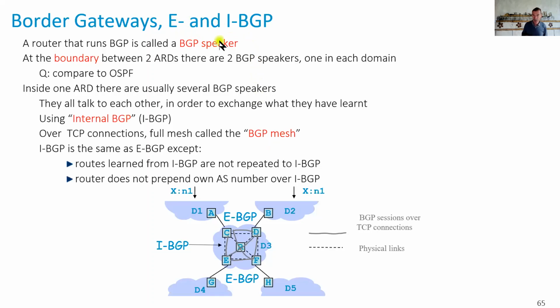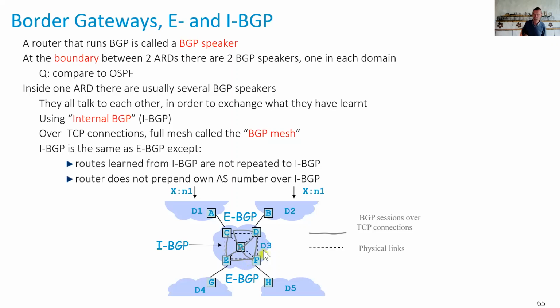And in what I have shown so far, there is only external BGP. BGP is used only between routers at the boundary. But here, if I have four routers, C, D, E, F, in the domain that's in the center, those four routers will talk to the outside, but this information must also be spread into the network. And for two reasons.